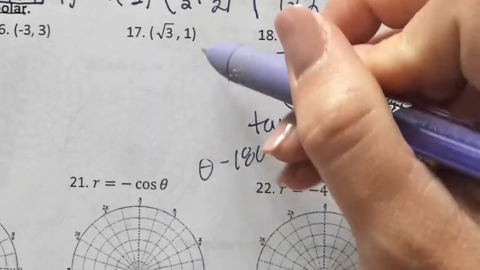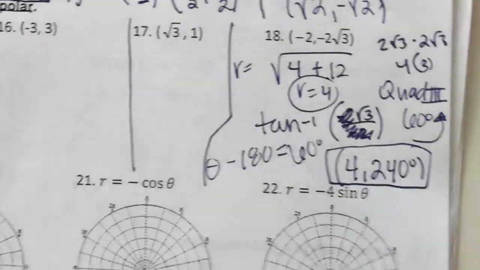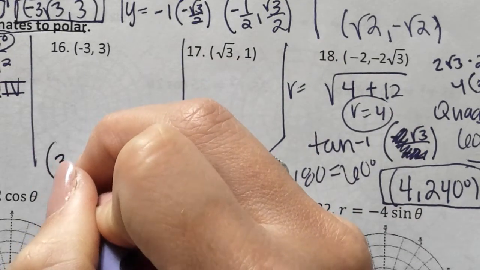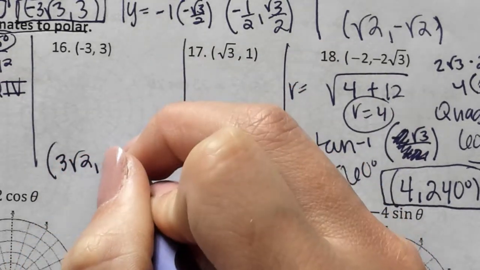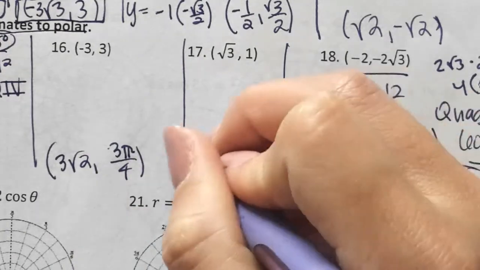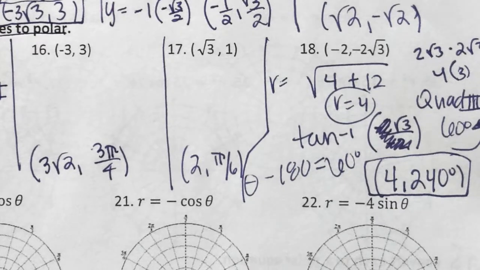Alright, let me write these answers down. I'm going to write the answers down for 16 and 17 so you can check it on your own, and then we'll go over it if we need to. So I'll leave those there for a second.